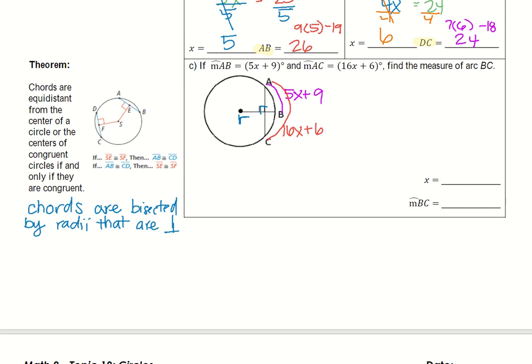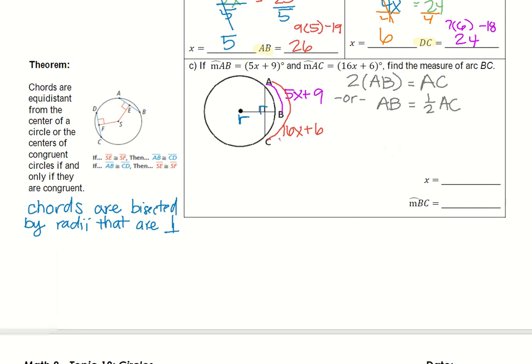then what I can do is set AB equal to half of AC. Okay, so I can do 2 times AB would be equal to AC, or I can do AB equals half of AC.